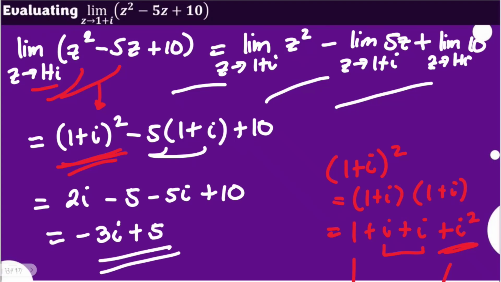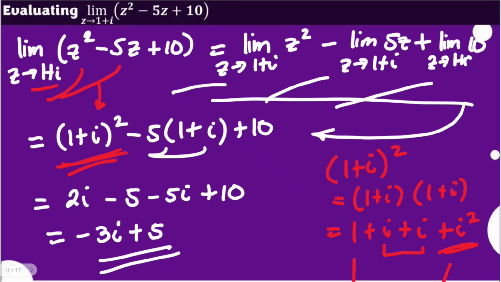This is now the limit of the given complex function z squared minus 5z plus 10 as z approaches 1 plus i. Again, this is even true when you are going to use the limit theorems, but of course they will just reach that. So again, 1, 2, or 3 steps less, as long as you can guarantee that your substitution is actually accurate.